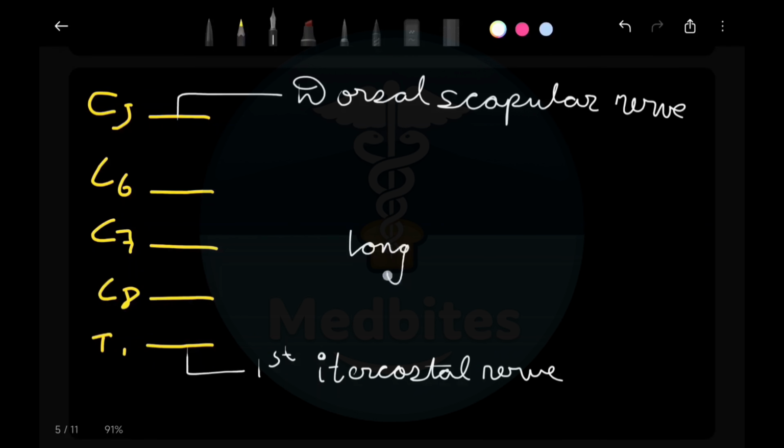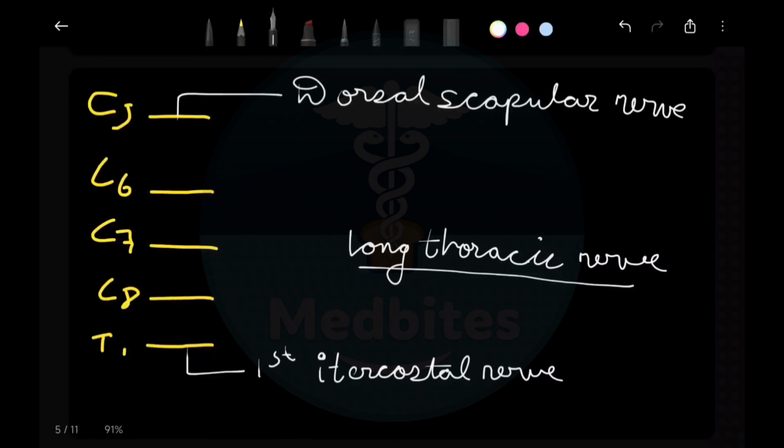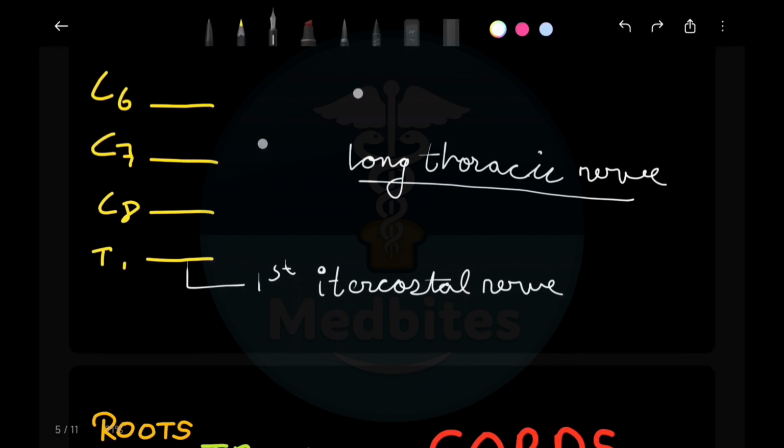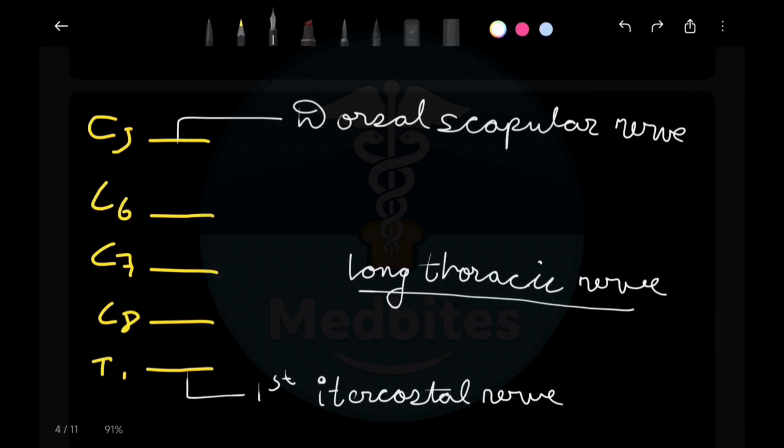The long thoracic nerve. This long thoracic nerve has the root values C5, C6 and C7. What do we mean by that? That this nerve arises from all the 3, C5, C6 and C7.